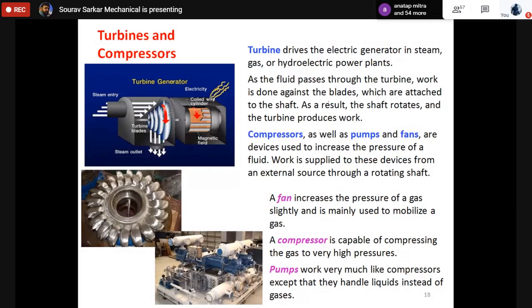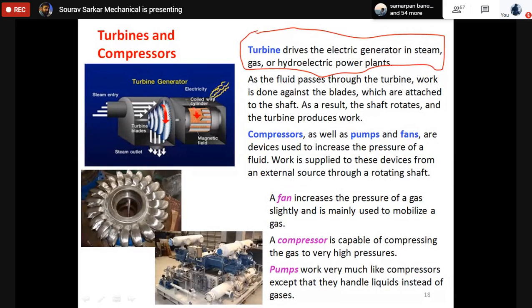It is called turbine, compressor, fan. These are basically the several devices that we use in our mechanical engineering applications. Whatever electricity you are getting from a power plant is finally generated inside a turbine. So what is a turbine? A turbine is basically a device.